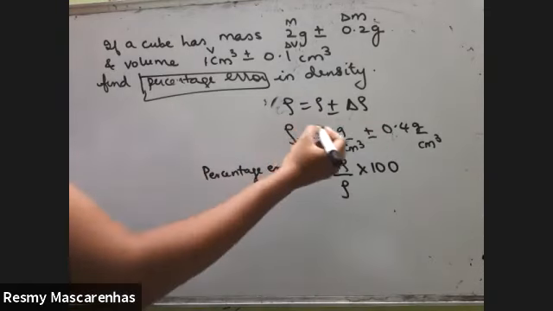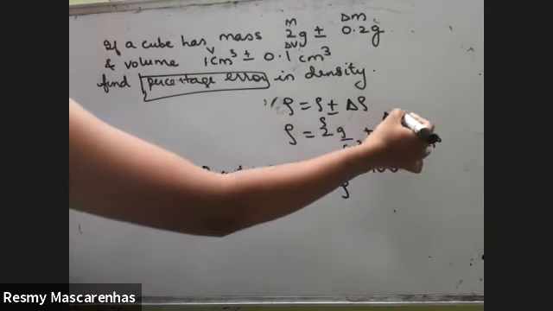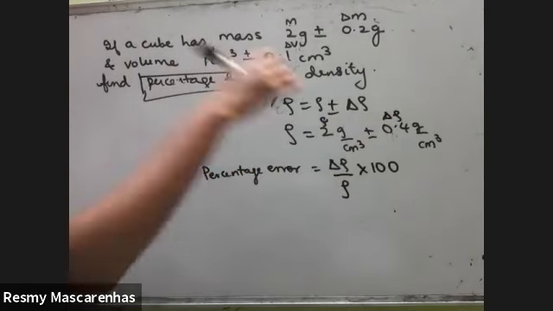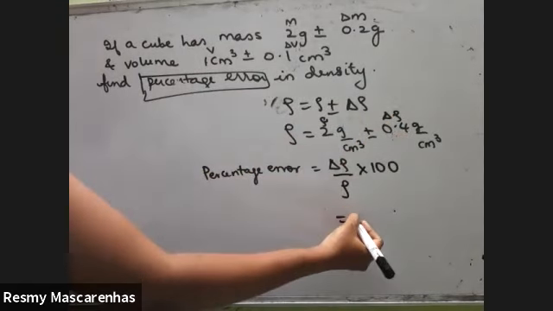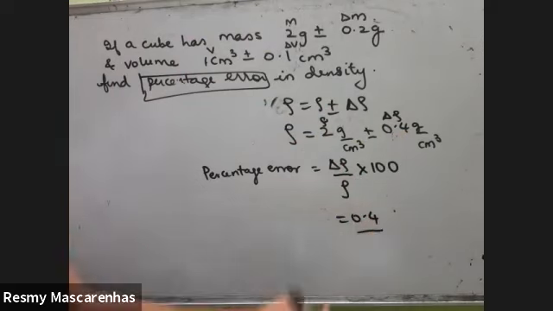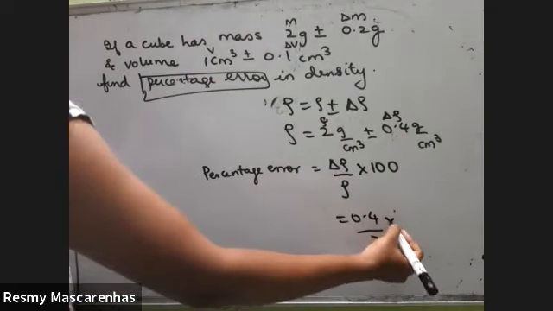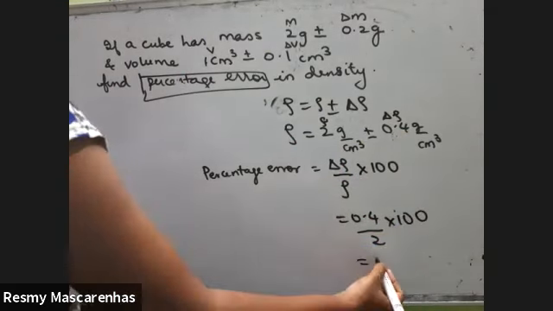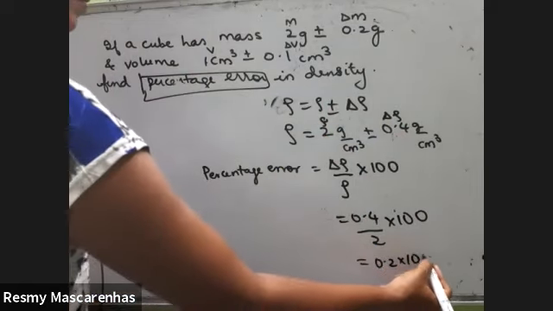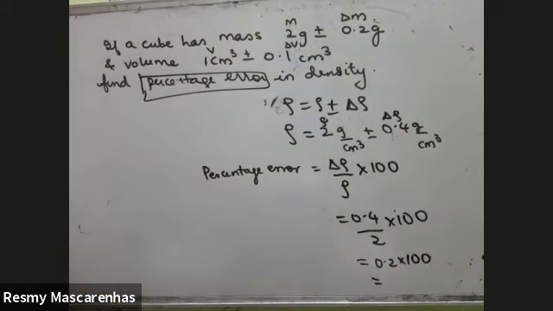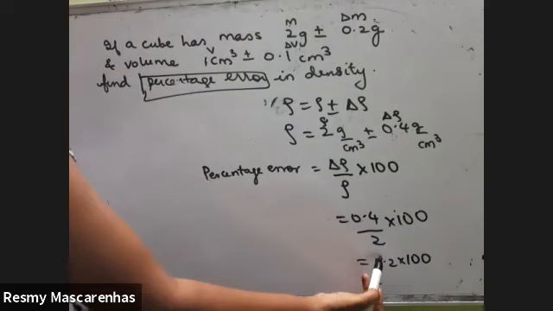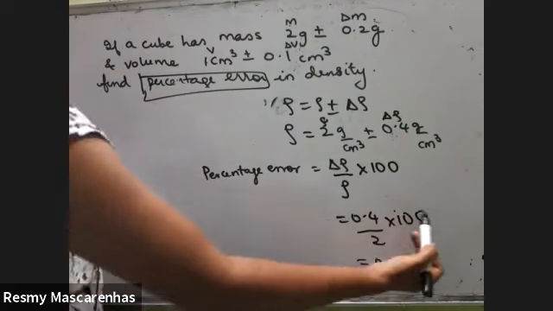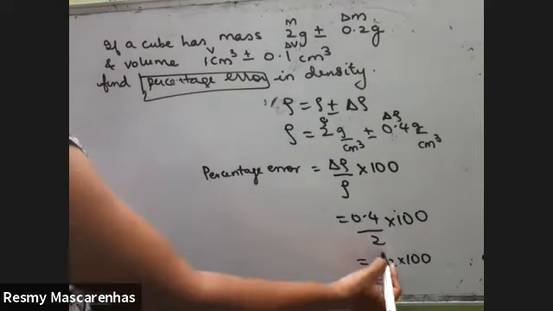So just substitute and calculate. So this is my rho and this is my delta rho. That's 0.4 upon 2. 0.2 into 100. 100 means multiplying, so I have to move towards the right hand side.